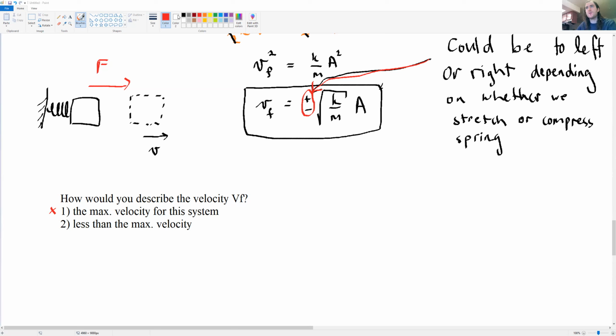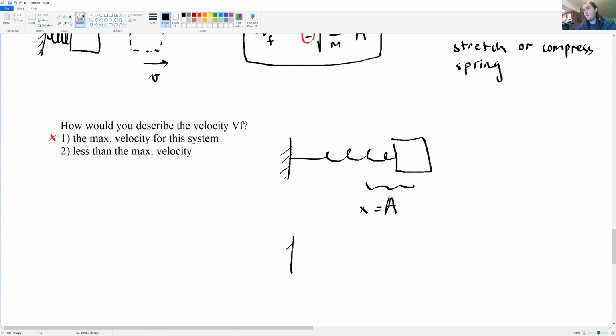If I stretch the spring and release it, once it reaches equilibrium, so here it's stretched an amount, let's say A, then it will head back towards equilibrium.